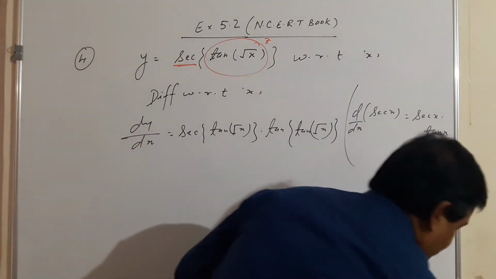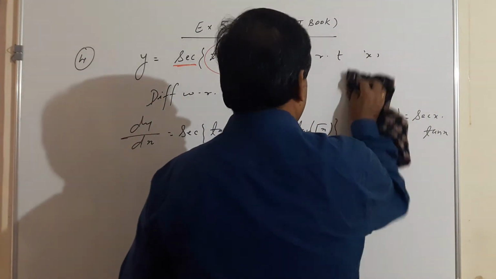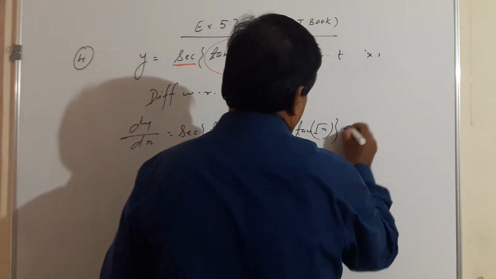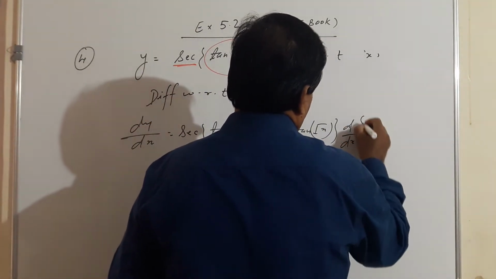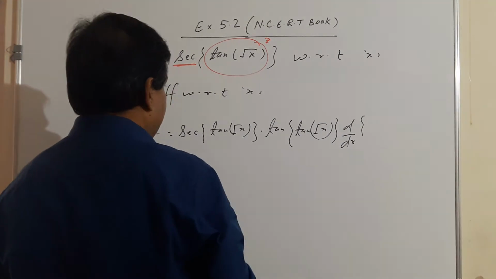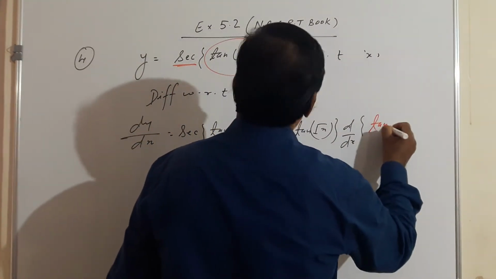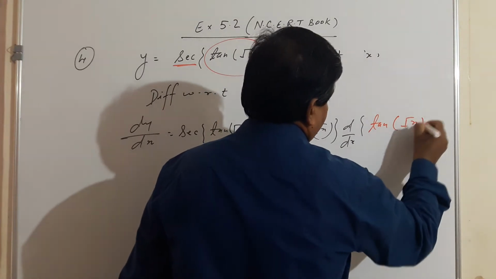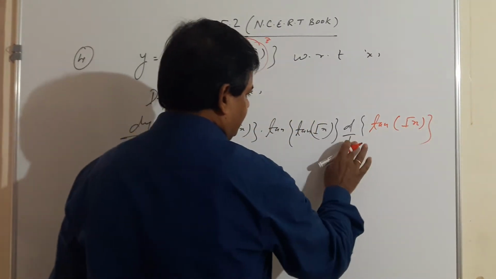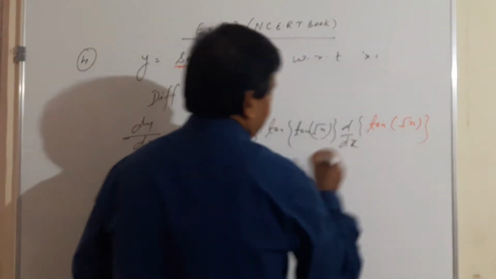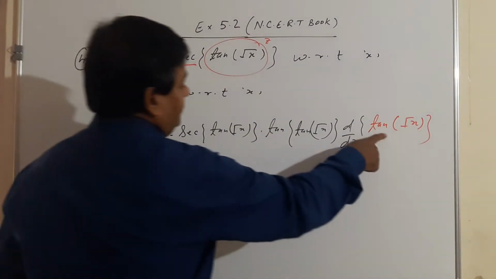Then after that you have to differentiate z. The differentiation of z is the differentiation of tan √x. So now you have to differentiate z.